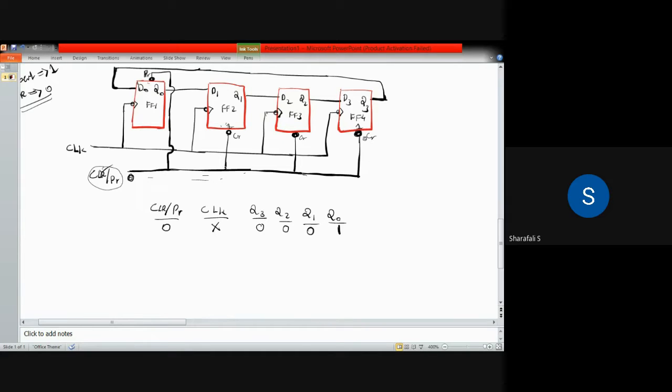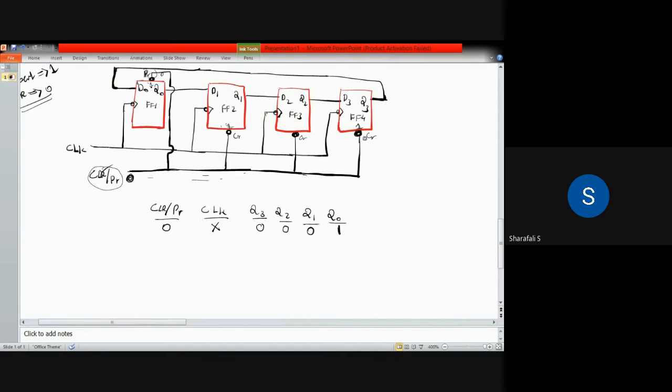So when this clear is on, which means the clear has a value equal to 1, it will erase all the memory, or it will make these Q1, Q2, Q3 values equal to 0. At the same time, we have preset for the first flip-flop, and when the preset is on, which means that we are applying 0 here, that 0 comes here, you have to take the complement and it will become 1 here, which means that preset is active.